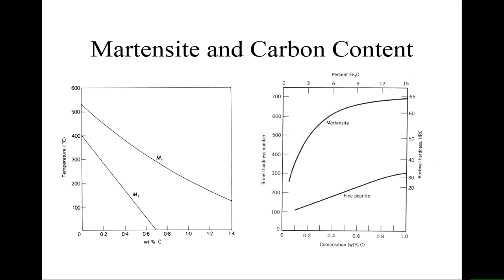So typically gears and bearings have 0.8% or just a little bit more than 0.8% carbon in. So the martensite start temperature is now about 300 degrees C. So we have to cool rapidly from 900 to 300 to get this. Martensite finish temperature is less than room temperature.